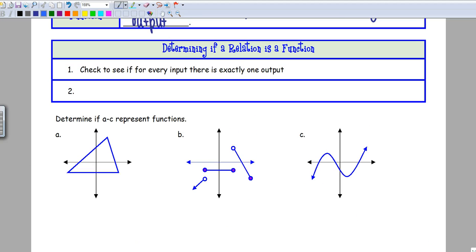All right. So how can we tell if something is a function? Well, first of all, we said check to see if every input only has one output. There is another way. That is to check to see if the graph passes the vertical line test.